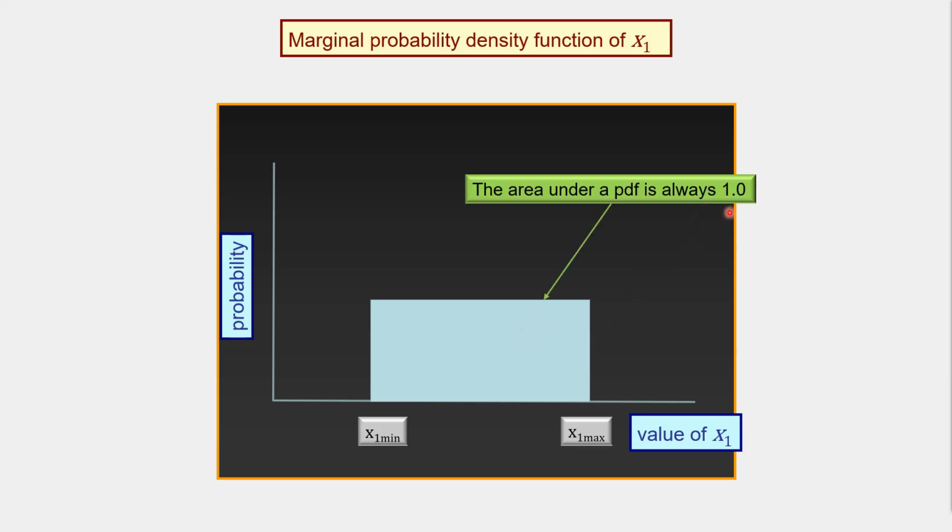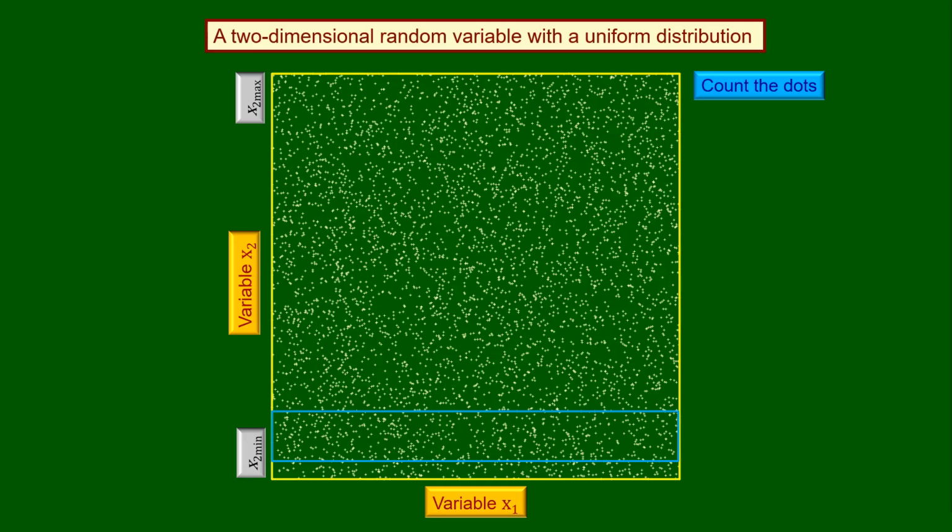And an important property of probability density functions is that they integrate to 1. The area under that curve is 1. And this then is all we can know about the random variable x1. I can do the same for x2. Again, I can count the dots to see if there's a bigger chance that it lies here rather than here. I find that there's pretty much the same number of dots in every one of those rectangles.